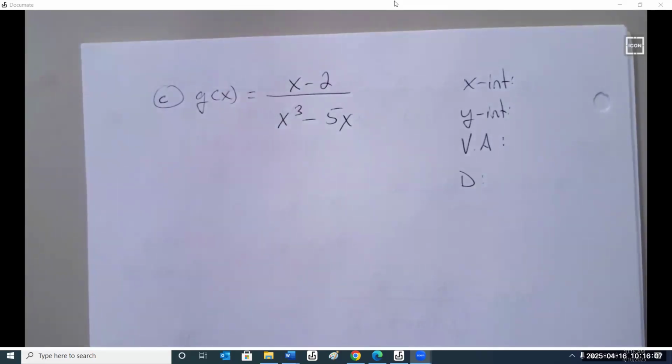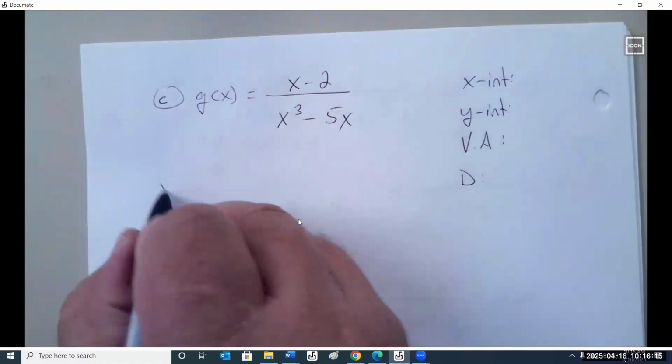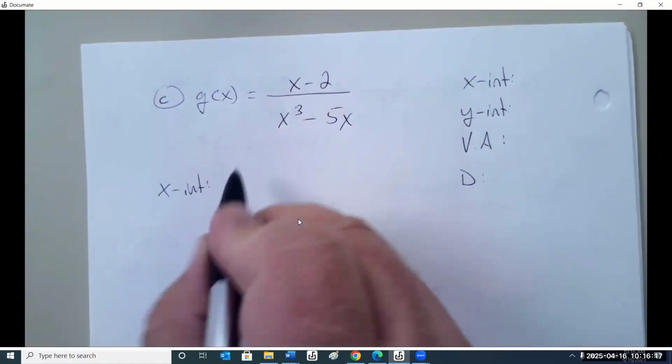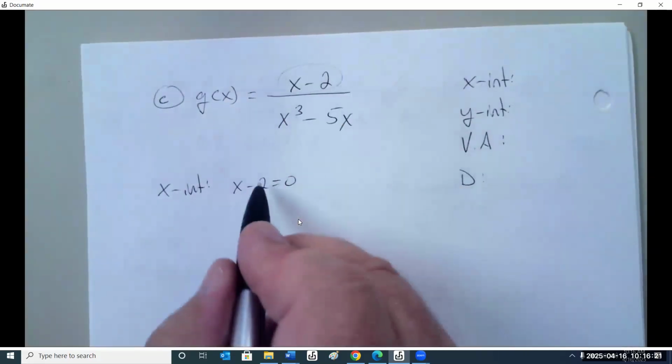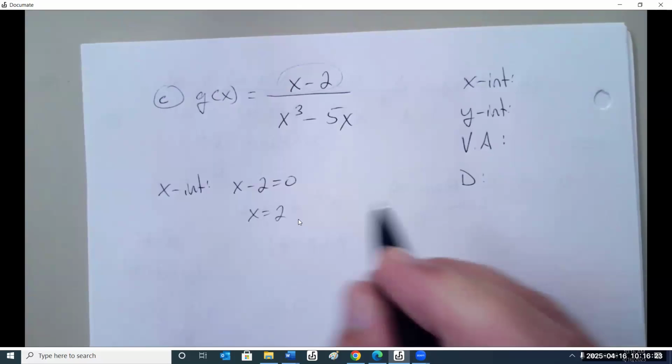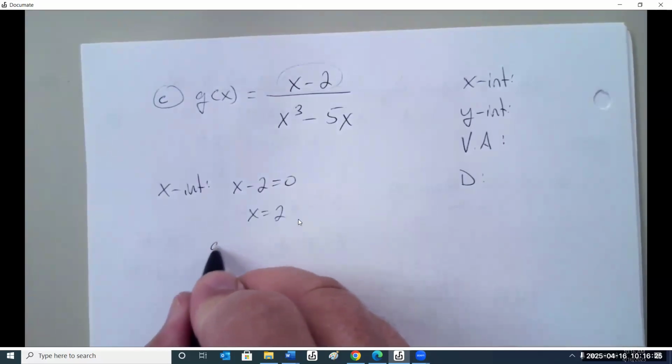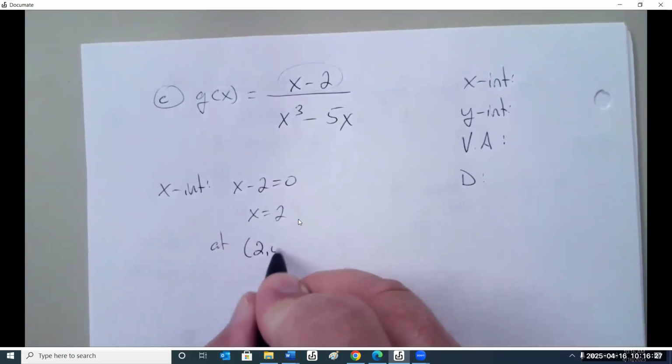How's this? Right, the x-intercept is pretty straightforward. It's x minus 2. Take the top, set it equal to 0, so x equals 2. So the x-intercept is at 2 comma 0.